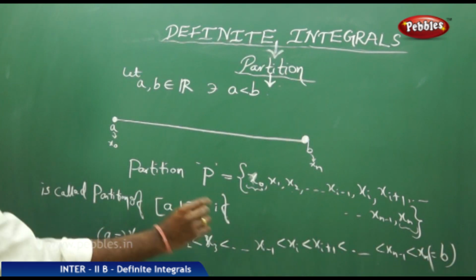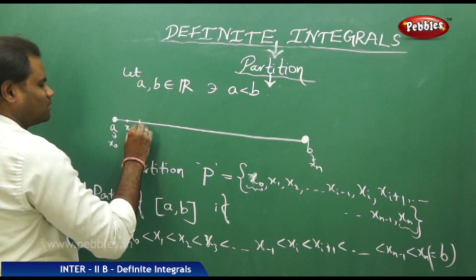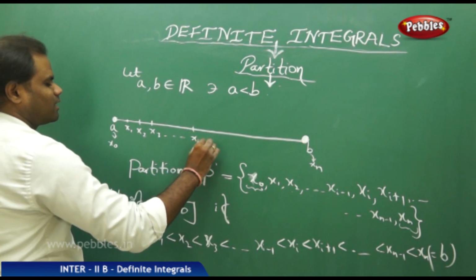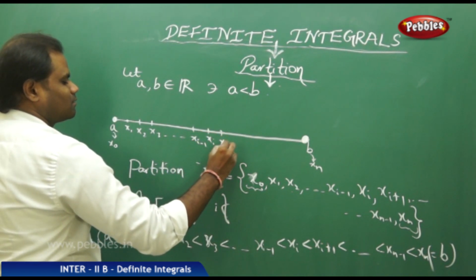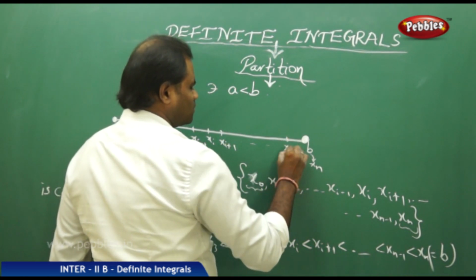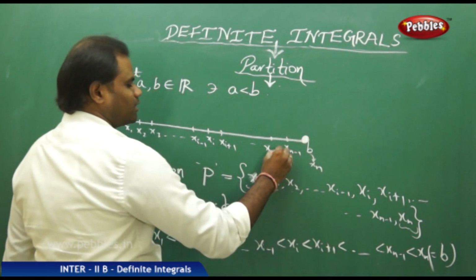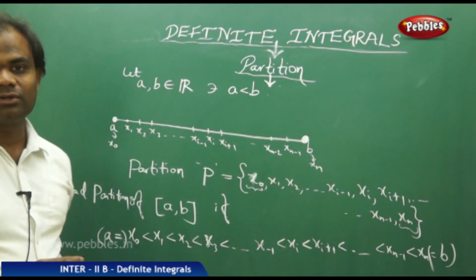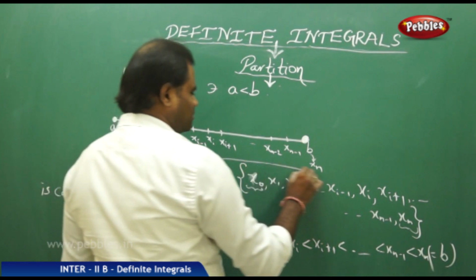That is, if I take on the number line my x naught, then comes x1, then x2, x3, xi minus 1, xi, xi plus 1, and so on and so forth, xn minus 1 and xn, taken in that order, we call this P a partition of AB.